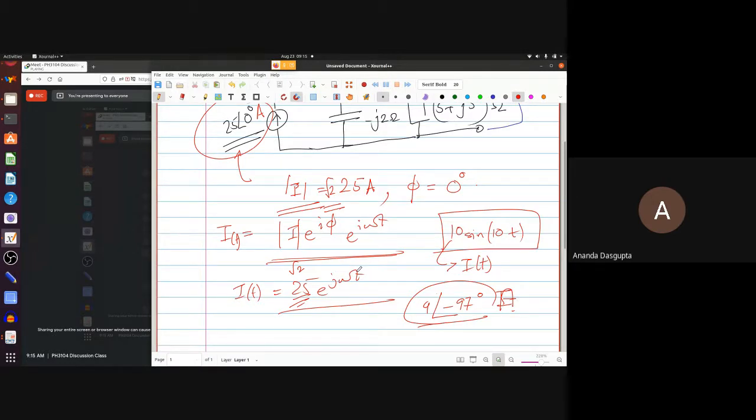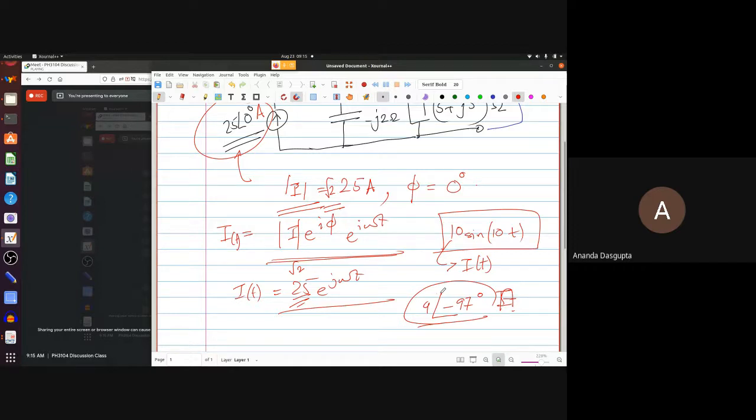That's one point. Another point would be, do I need to write the answer in this form? Which is, of course, the polar form. Magnitude and the angle. The answer is no, you can use either polar or rectangular. Either one will work fine. So there may be multiple ways of writing the answer. You might even want to say that the actual current flowing is this times cosine omega t plus this angle.